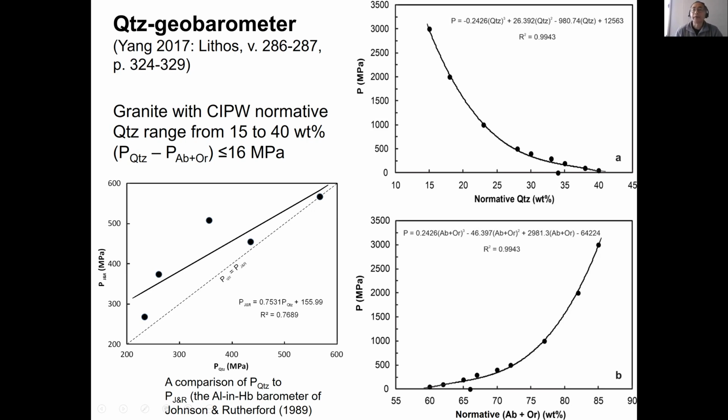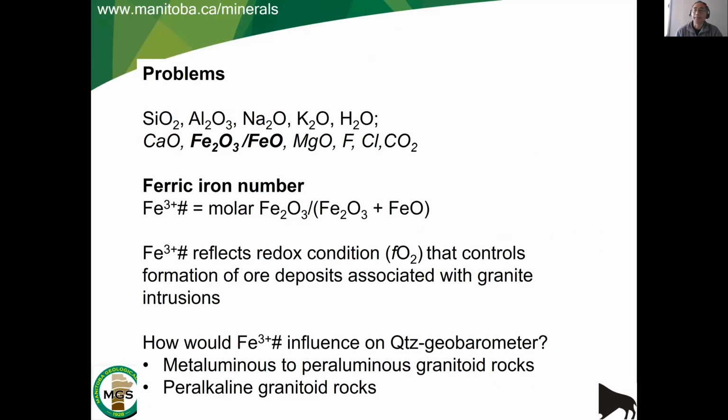The problem is, as I mentioned before, this barometer only considered silica, aluminum, sodium, potassium, and water, and did not consider calcium, iron oxide and other components. In this talk, I focus on the redox conditions and how they affect the estimated result.